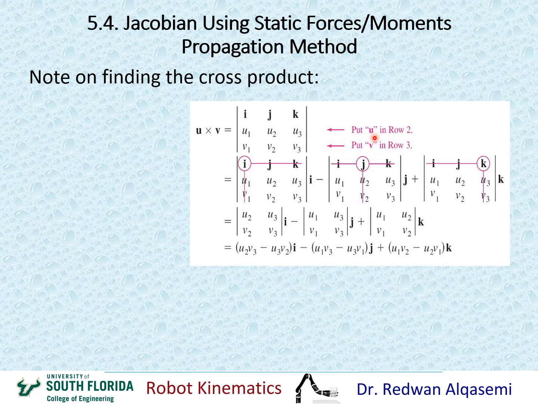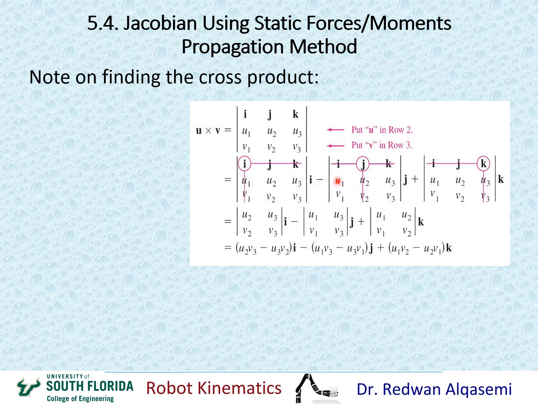Okay, so we take this in 3 steps. The first step is we take the i, and then we cross out the remaining row and column elements for the same i, and that would leave us with u2, u3, v2, and v3.